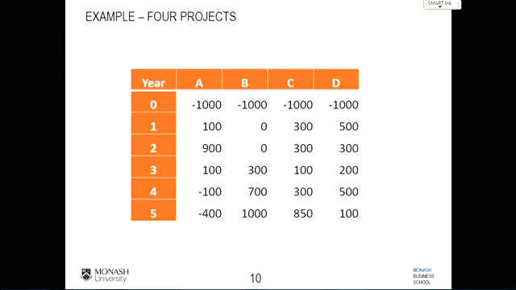And in this case, we only have one IRR. If there is only one time when the sign is switched, from negative to positive or positive to negative, we only have one IRR. And in that case, you can use your financial calculator. If you think about project A, how many times is the sign of the cash flows switched?